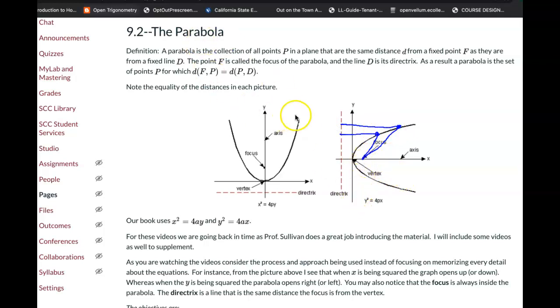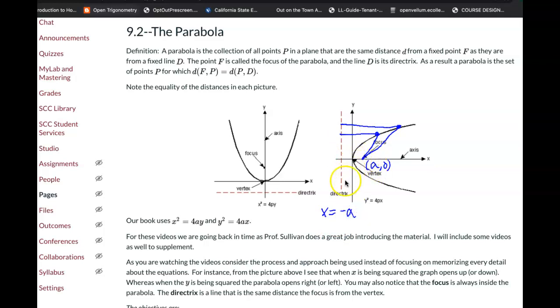And so if we wanted to show this, we would want to give these points some ordered pairs. The ordered pair for the focus is (a, 0), and in this case, since the parabola is oriented on the x-axis, the equation of the directrix is x = -a.